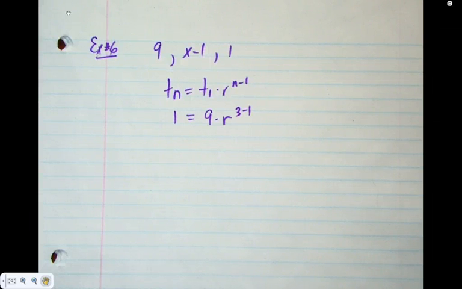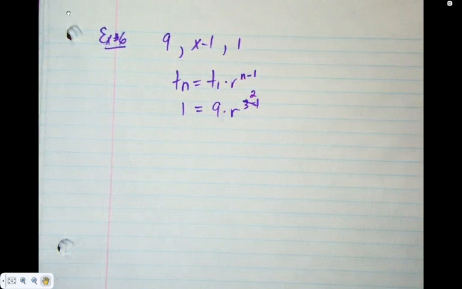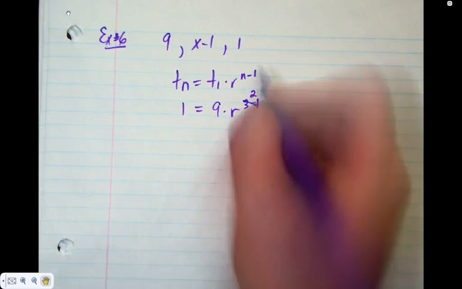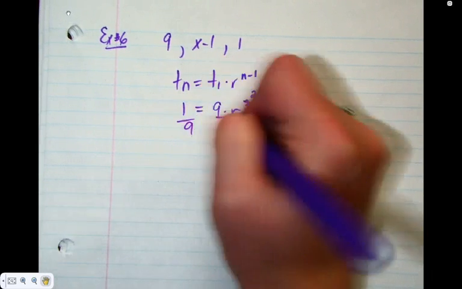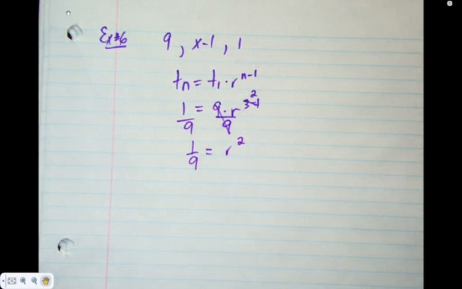You should be starting to see a pattern between 4a and 5a, and now this one. What are we going to do next? The 3 minus 1, which gives us 2. Next step.